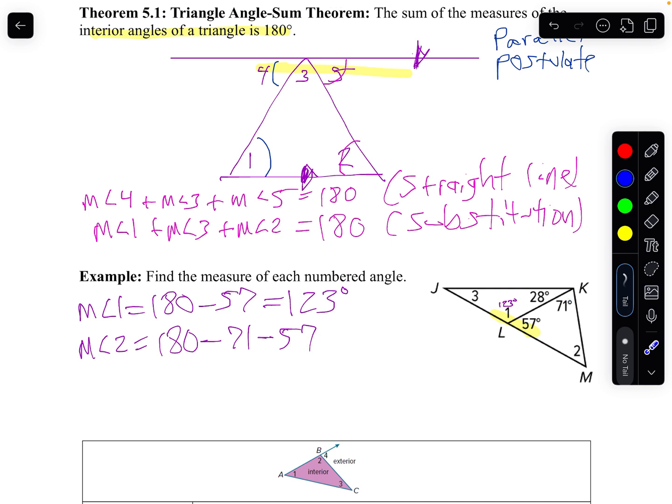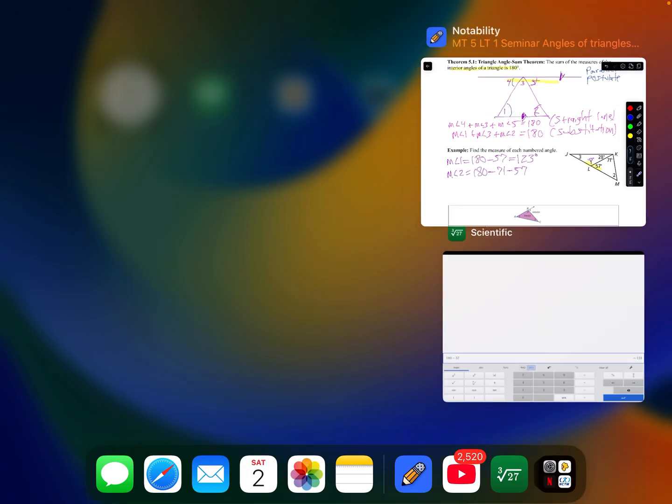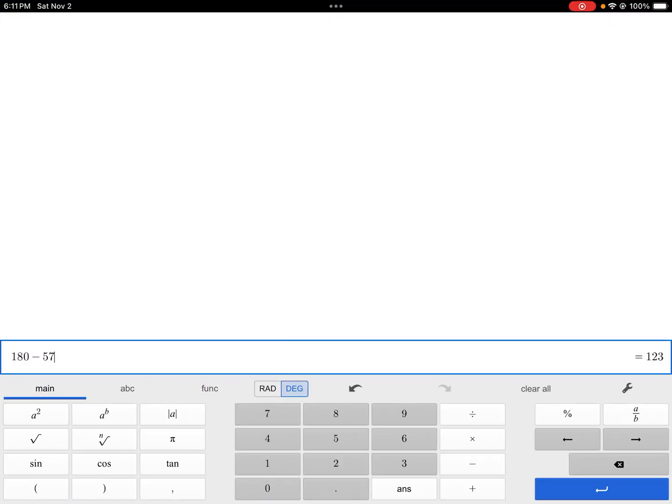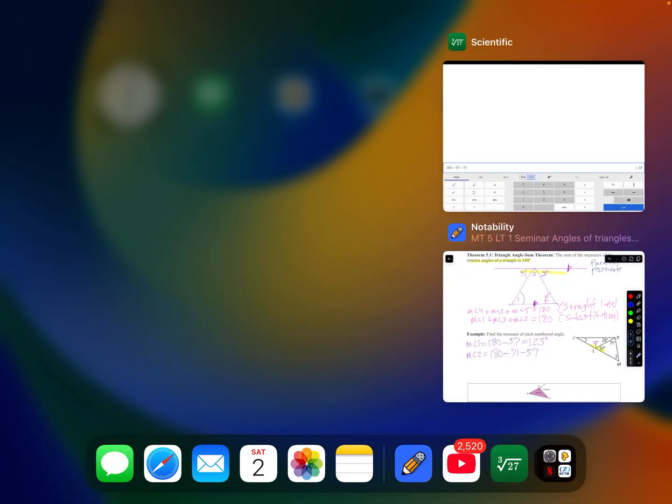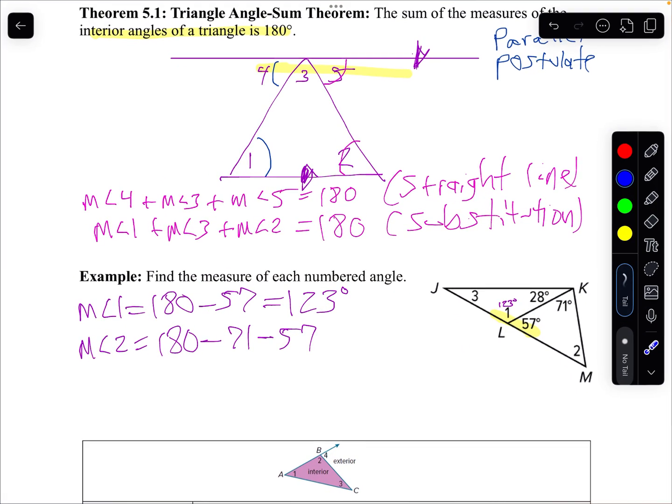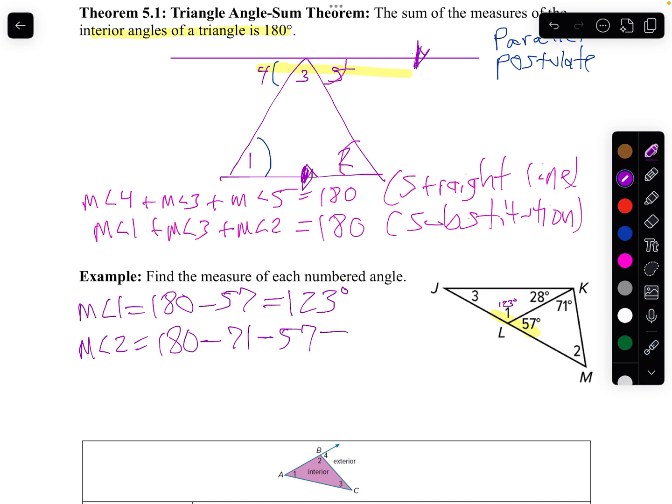I already got the 57, so let's just minus 71. And notice I get 52 degrees.